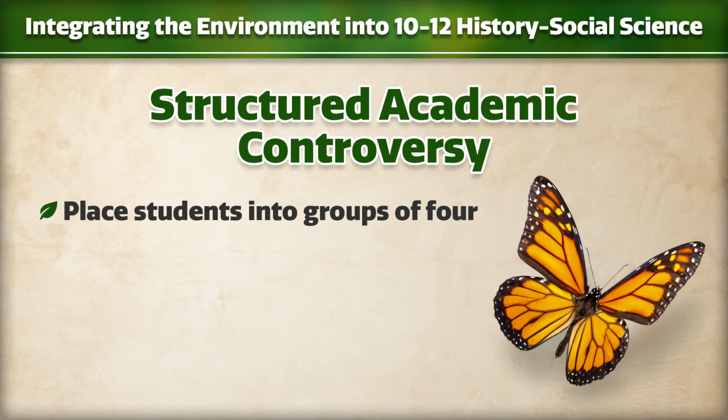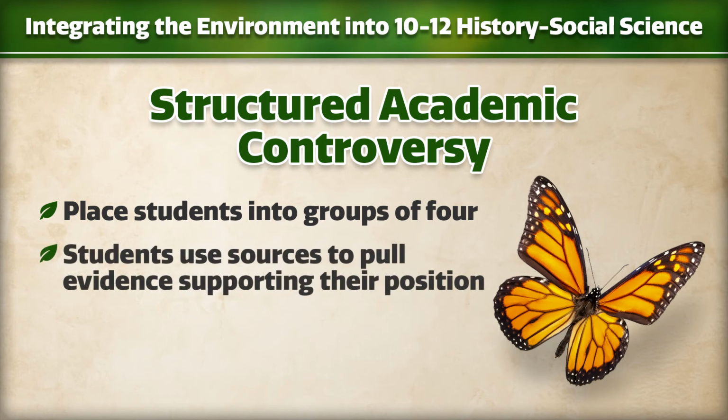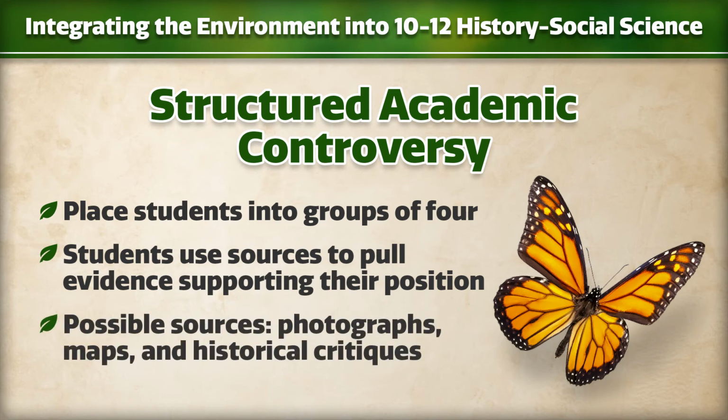With their partners, have your students use sources you provide to pull evidence supporting their assigned position. The compendium recommends possible sources to use for this activity, such as photographs from the TVA's early years, maps of the TVA's current projects, and historical critiques from politicians, such as Senator Barry Goldwater. You can curate your own selection of sources as long as multiple perspectives are provided for your students.